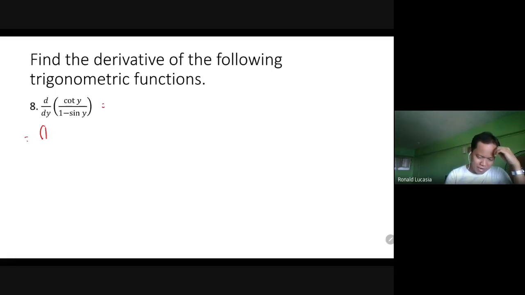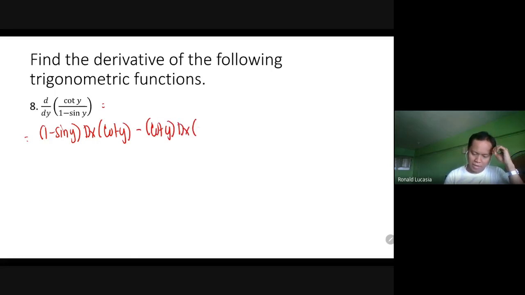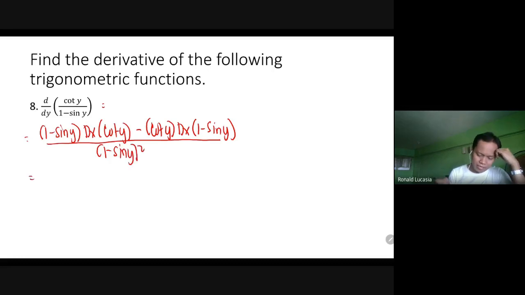It's 1 minus sine y, derivative ni numerator, which is cotangent y, minus cotangent y, derivative ni denominator na 1 minus sine y, over 1 minus sine y squared.